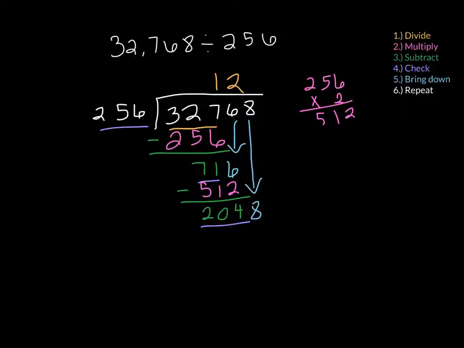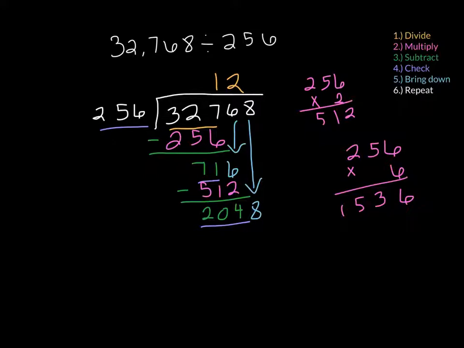Now 256 again is still closer to 300, and 300 will go into 2,000 about 6 times. So let's try 6, see if that works. So 256 times 6, you get 36, 33, and that looks like that's a bit too small. So let's try a 7.